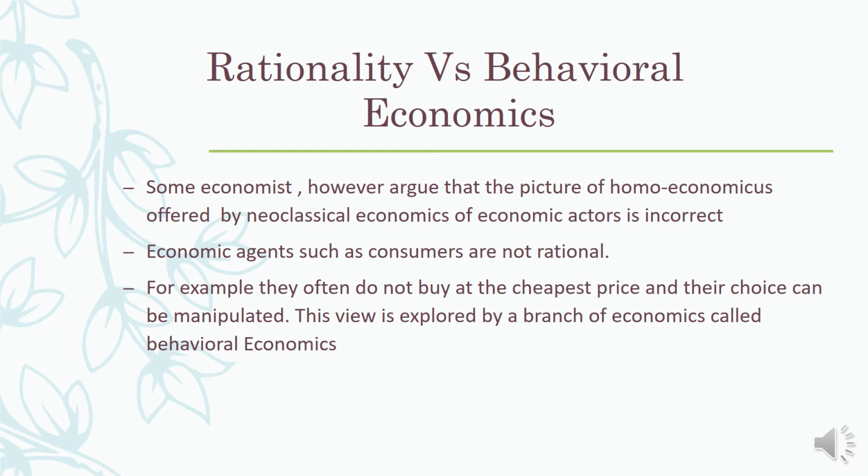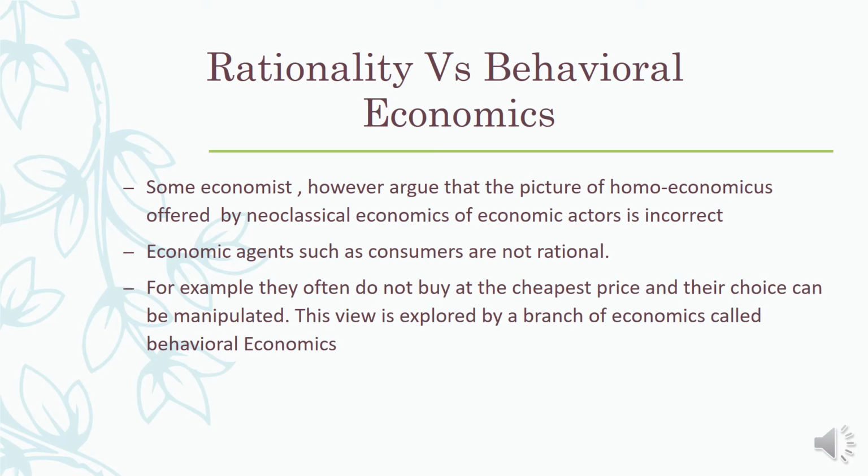The economic agents, such as consumers, are not always rational, especially in consumer behavior. For example, they often do not buy at the cheapest price and their choices can be manipulated. This view is explored by a branch of economics called behavioral economics.